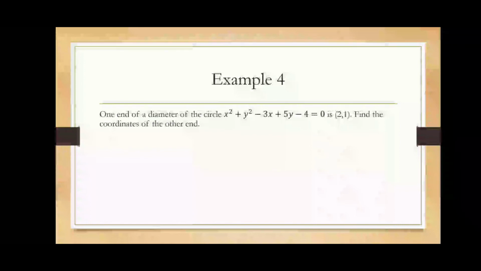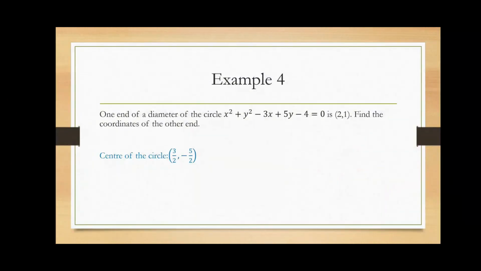So I know that the center of the circle is the midpoint of the endpoints of the diameter. So from the equation I can find the center. If I first find the center and then I have one of the endpoints, then definitely I can find the other one. So let us first find the center. Center is 3 by 2 and minus 5 by 2, which is easy to see.